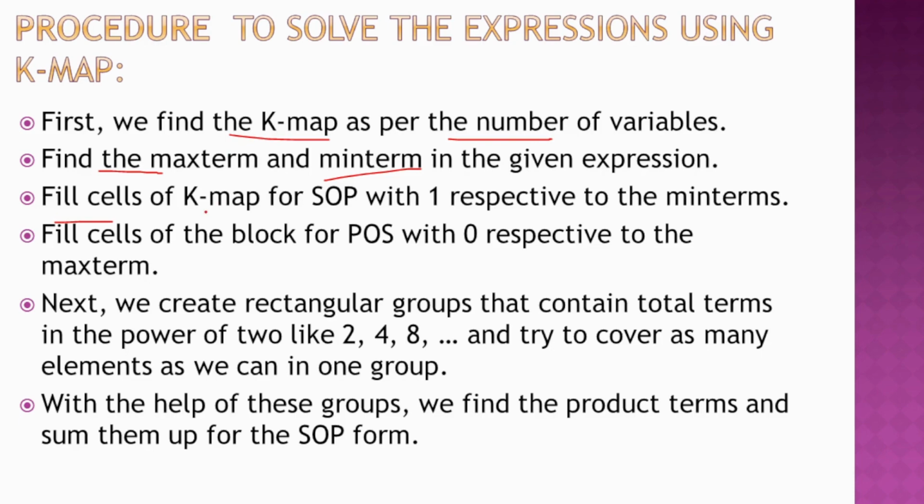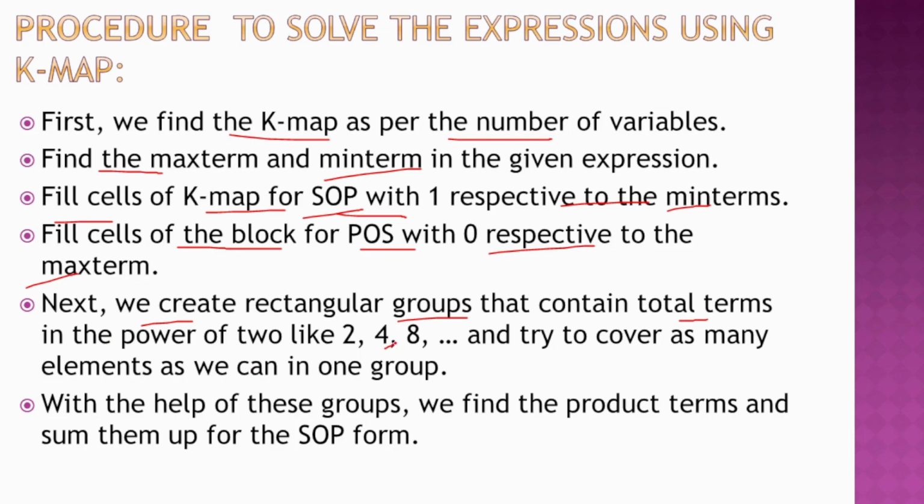Find the cells of the K-map for sum of product with 1 respective to the minterm. Minterm is the sum of product method. Then find the cells of the block for POS with 0 respective to the maxterm method. Maxterm means product of sum. Next, create a rectangular group that contains total terms in a power of 2, like 2 or 4.